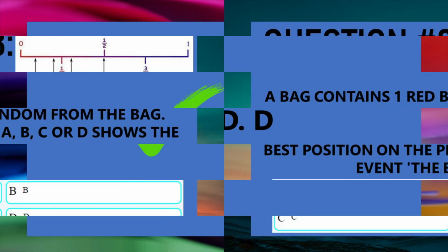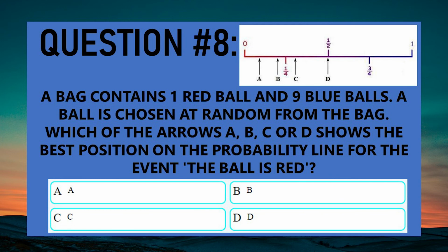Question number 8. A bag contains 1 red ball and 9 blue balls. A ball is chosen at random from the bag. Which of the arrows A, B, C, or D shows the best position on the probability line for the event: the ball is red?